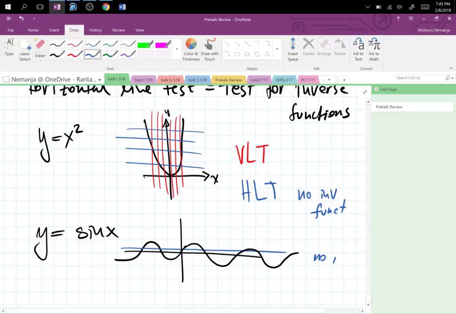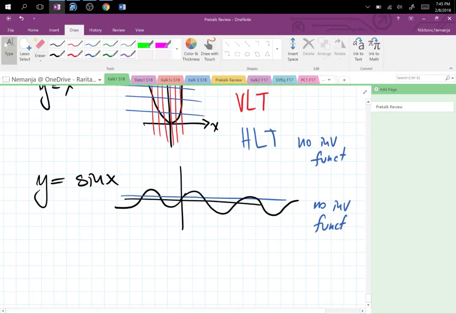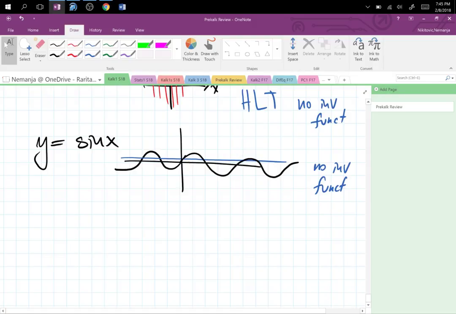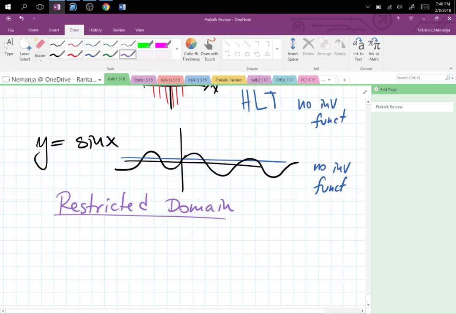So again, no inverse function. The way we deal with this, so that we can still differentiate, integrate, and do all of the other stuff with inverse trig functions and so on, is we have a notion of restricted domain. Restricted domain fixes the issue.